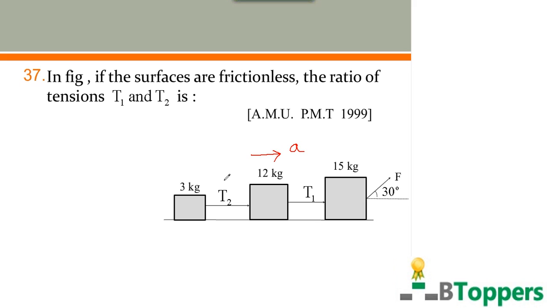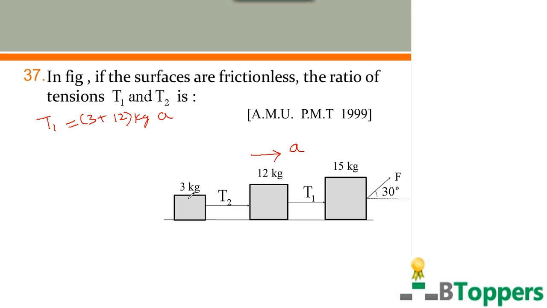So this T1 you can write as the mass of the system, 3 plus 12 kg, into the magnitude of acceleration. To find T2, we can apply Newton's second law for the 3 kg mass separately. The only unbalanced force acting on the 3 kg mass in the horizontal direction is the tension T2.